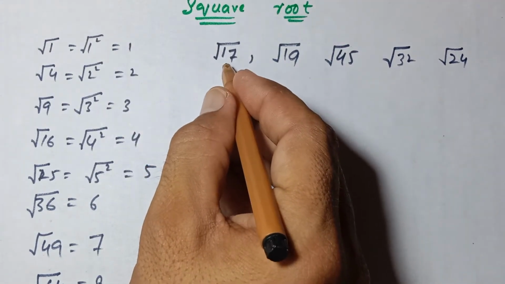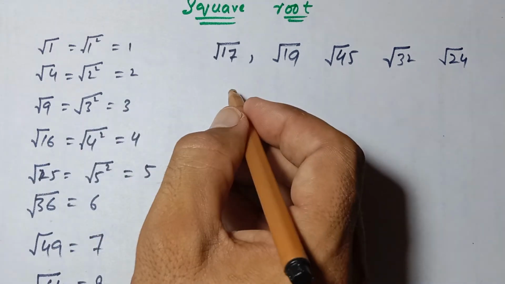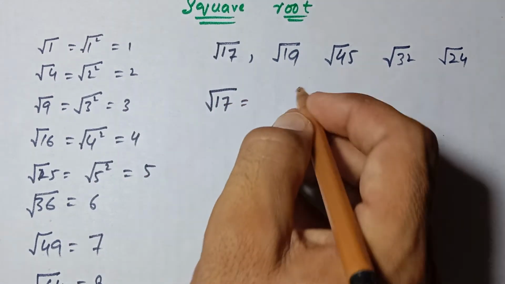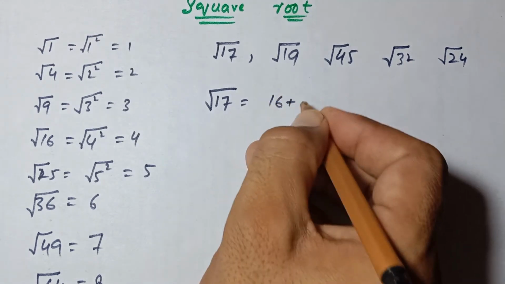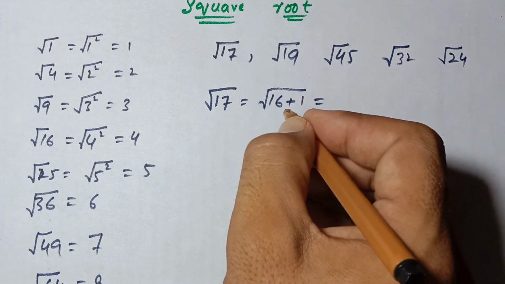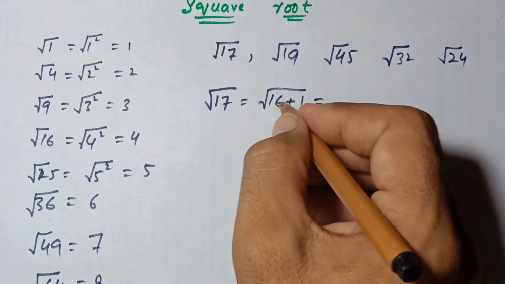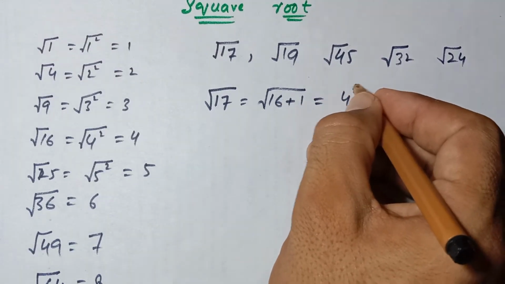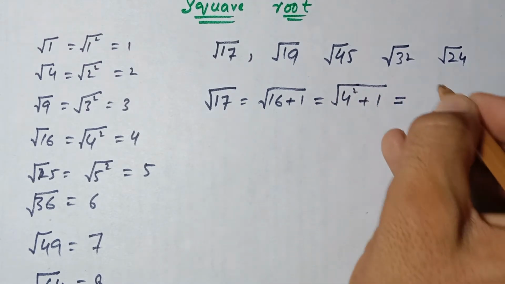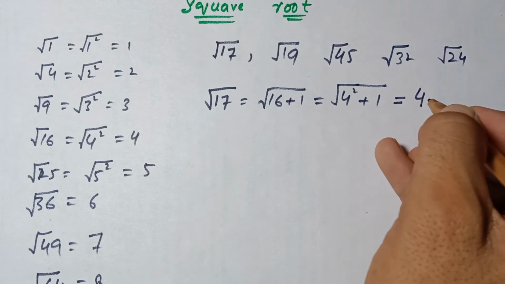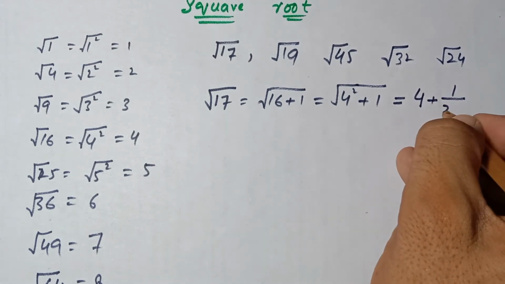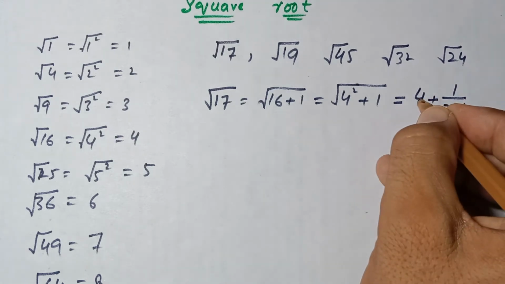Take 17, which is nearly equal to 16, so we can write 17 in the form of 16 plus 1, and we can find the square root of this number. The square root of 16, that is 4 squared, plus 1 divided by 2 multiplied by this number.